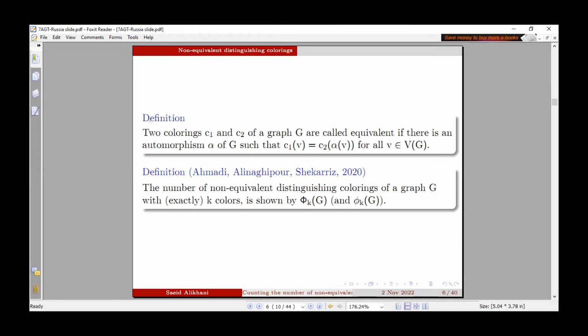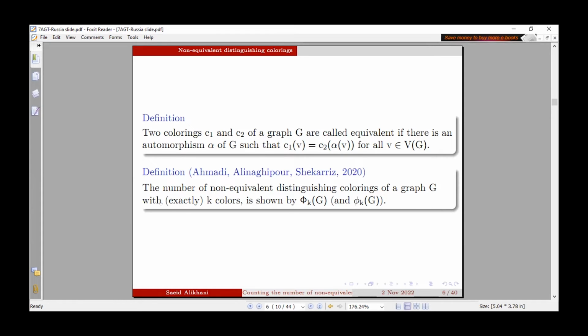First, I made this definition: two colorings C1 and C2 are called equivalent if there is an automorphism alpha of G such that C1(v) equals C2(alpha(v)) for every vertex v.